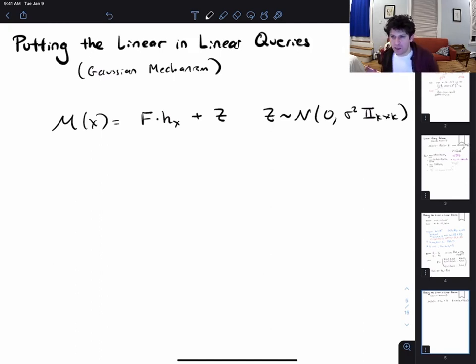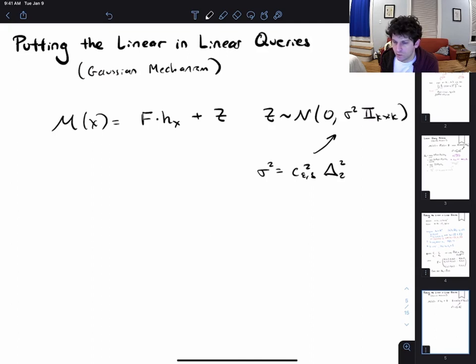However, let's suppose we had never thought about the Gaussian mechanism and linear queries before. We had just defined the queries this way. Okay, so we want to know how much noise we have to add, and the amount of noise we have to add is, again, sigma squared, which is this thing that depends on the privacy parameters, times the L2 sensitivity.